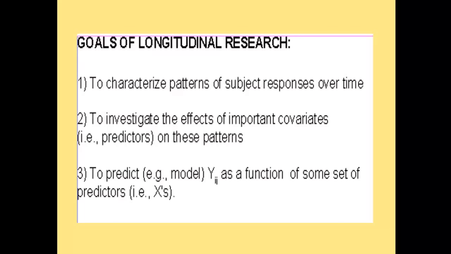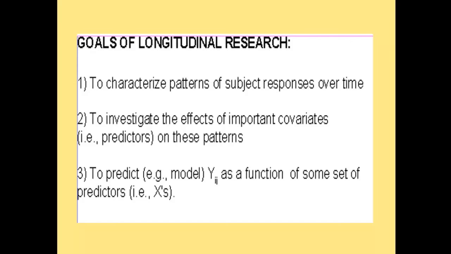We've talked about correlation structure. And we've talked about quasi-likelihood a little bit and what generalized linear models were. Now what I want to do, given all of that, is look at a slide which says goals of longitudinal research. More generally, it probably should say goals of research involving correlated data.